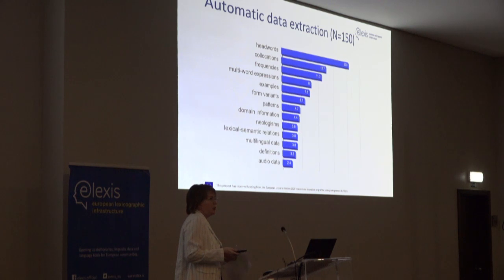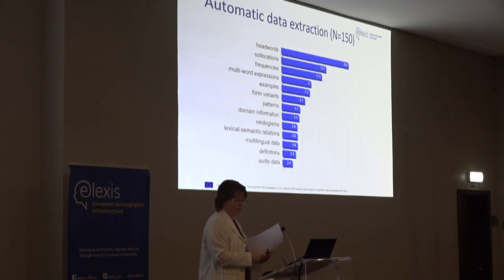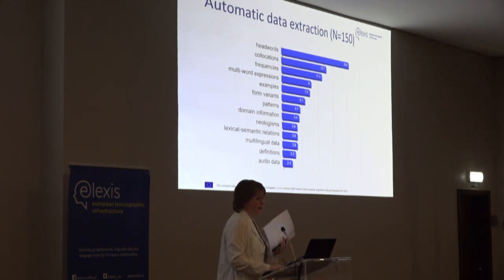For example, in Estonia now it's very important, but we lack resources. We don't have parallel corpora for, let's say, Estonian-Russian, Estonian-English, and so on. So this is the future, and definitions. So this is the part where we have a lot of work to do in terms of automated lexicography.